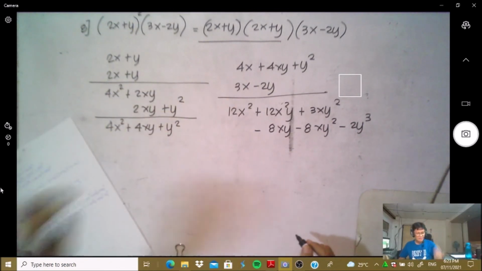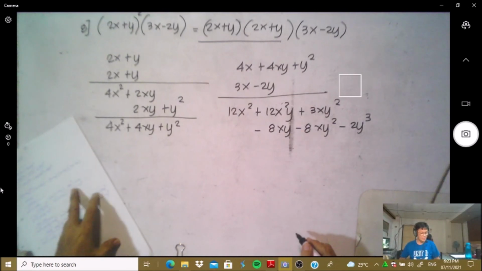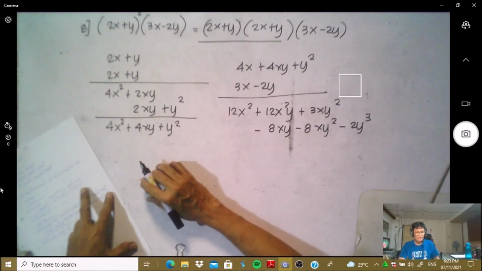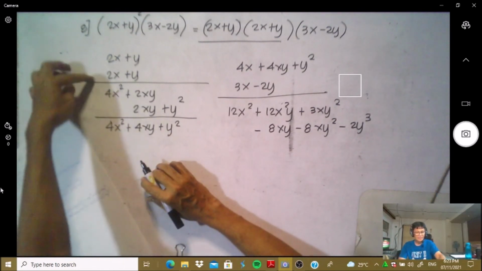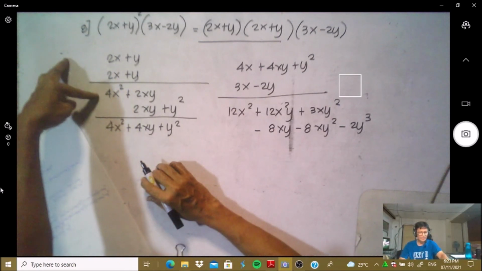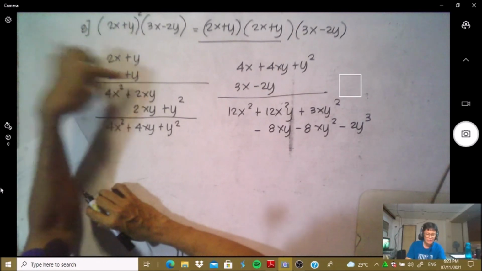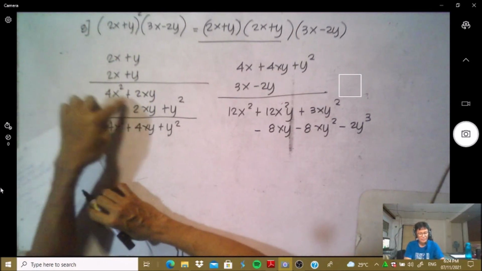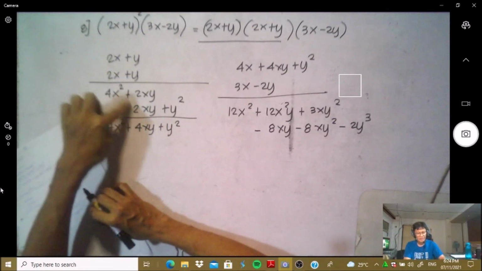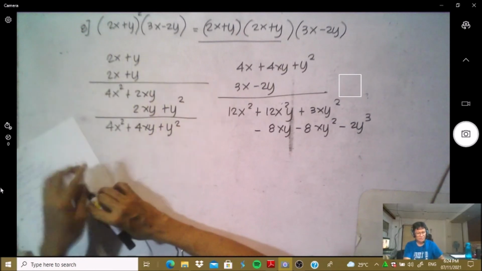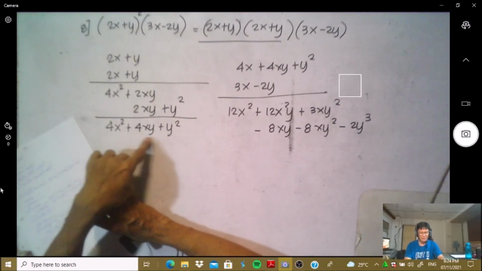Okay, so we have 4x squared plus 2xy, then 2xy plus y squared. Let me review this. 2x plus y times 2x plus y equals 4x squared plus 2xy. That's correct. So we have 2xy plus this y times y is y squared. So we have 4x squared plus 4xy plus y squared.